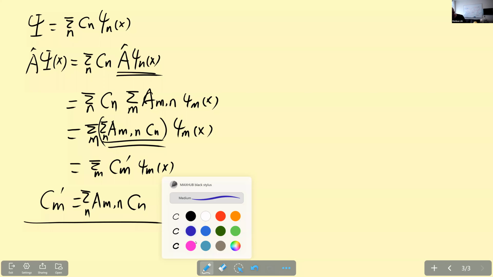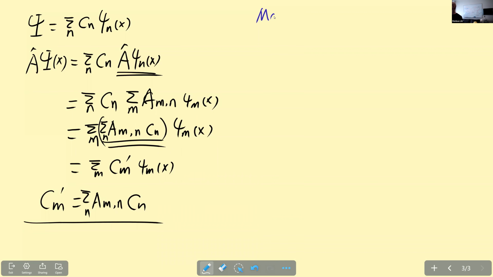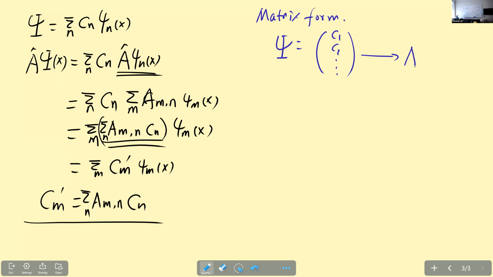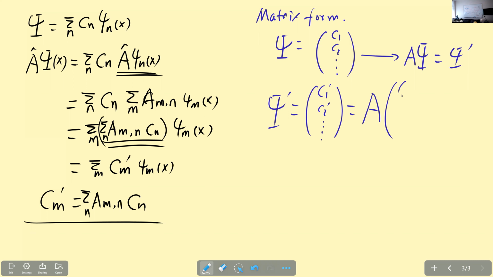So if you write down that in the matrix form, this percent just equals to say C1, C2, okay? And then after the transformation, you got a psi that equals to psi prime. Okay, and this psi prime equals to C1 prime, C2 prime. It's nothing but just matrix A times C1, C2, Cm, right?